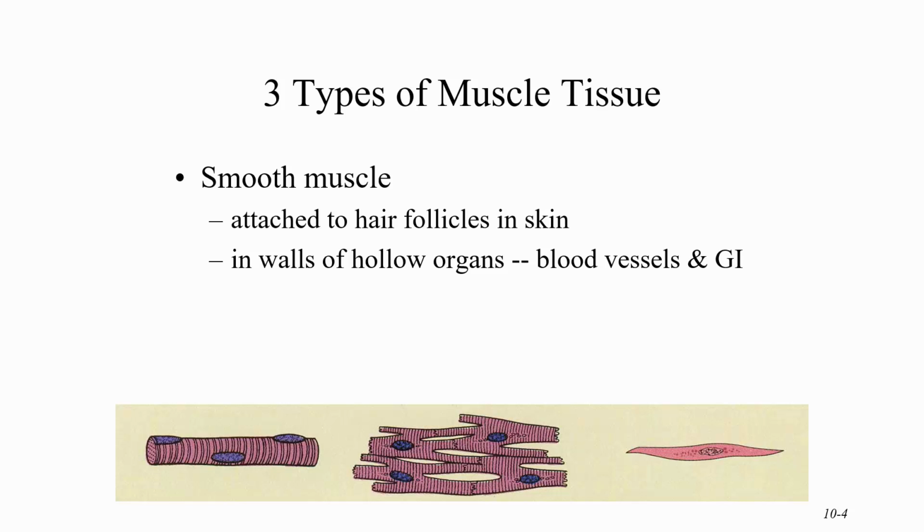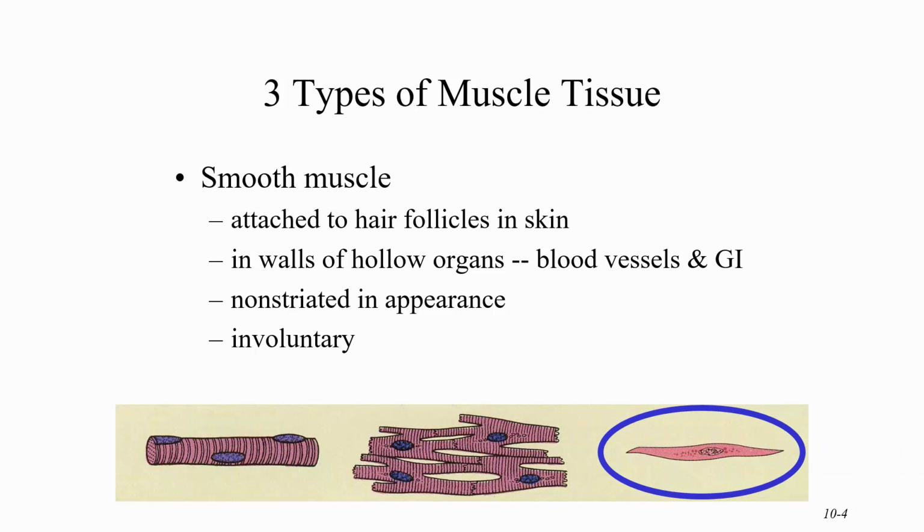It's also found in the walls of hollow organs, such as blood vessels or your gastrointestinal tract, your intestines, basically. It's smooth because it is non-striated in appearance. Okay. And it's also involuntary. We have no conscious control over it. But here's what it looks like.